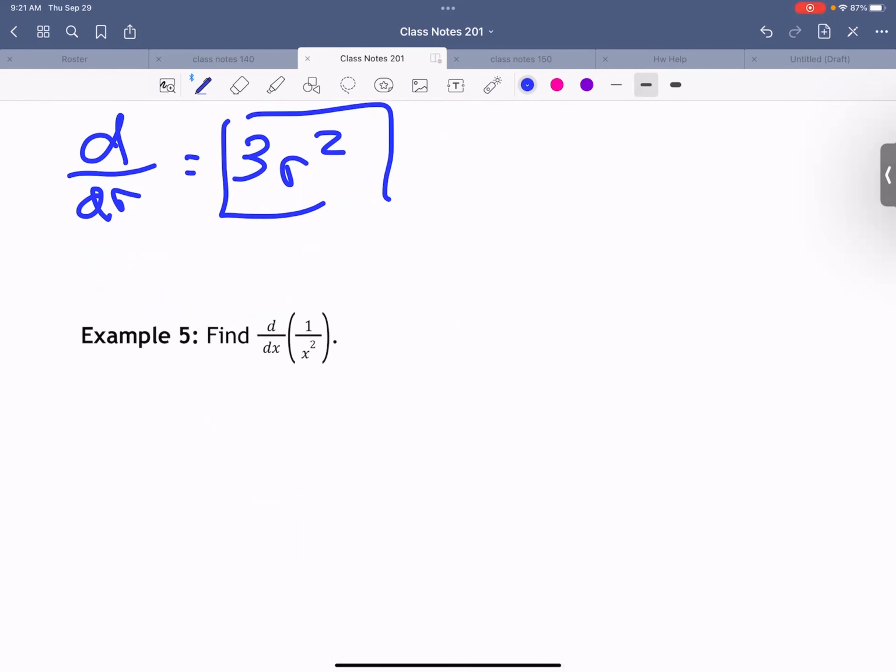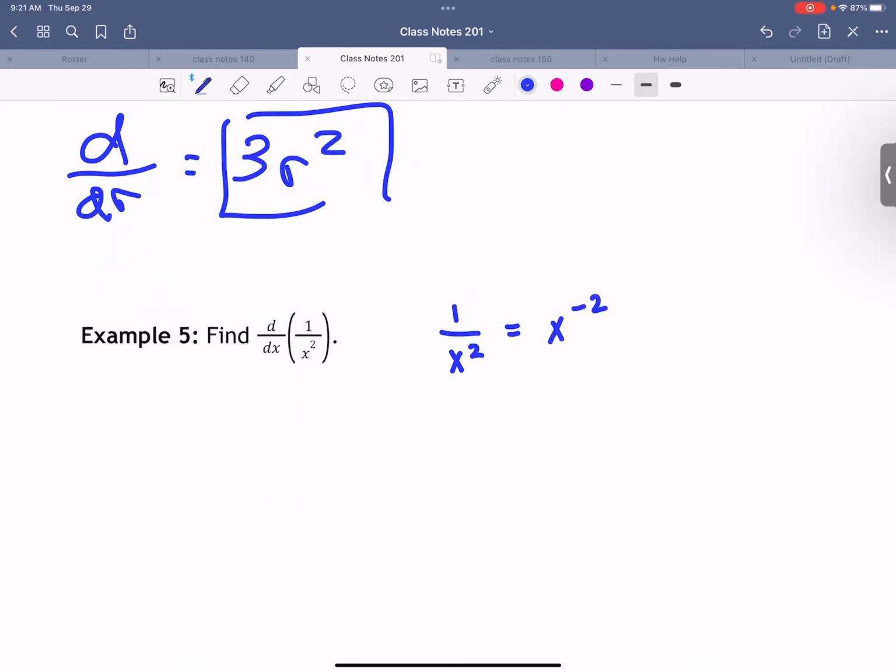When we have an exponent in the denominator, we're still dealing with a power of x. So let me just go over this real quick. Is there a way to write 1 over x squared as something that isn't a fraction? Troy. Good, right?